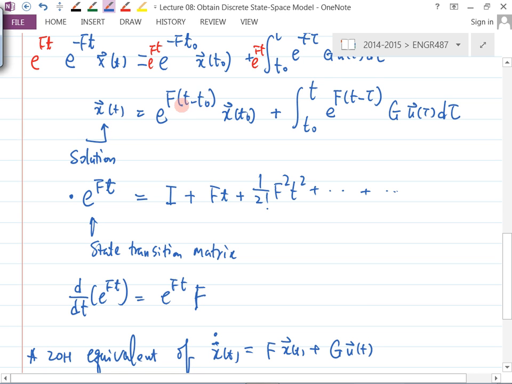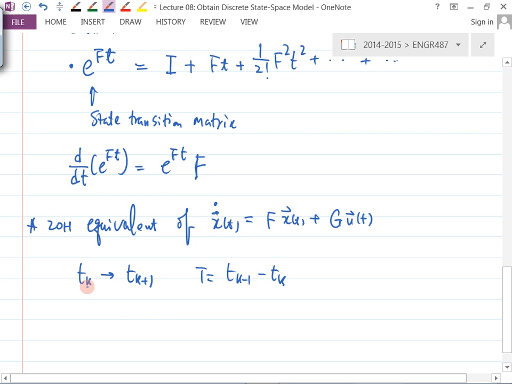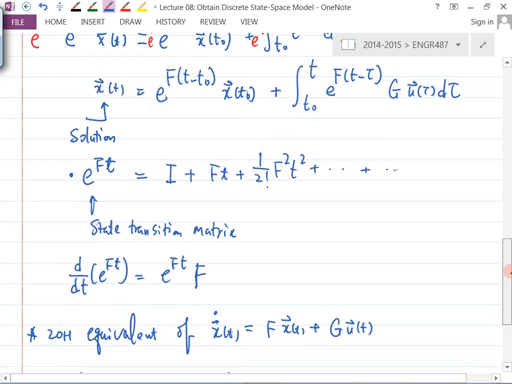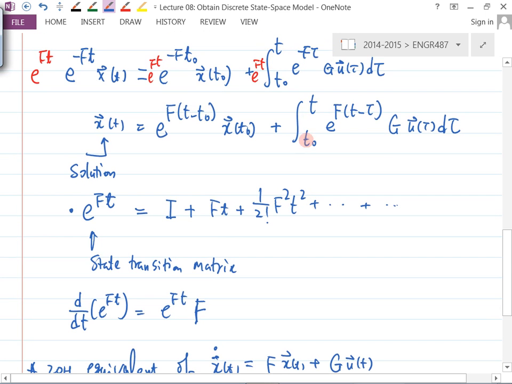So in other words, I'll consider the t_k moment as the initial moment, and I consider the t_(k+1) moment as the time instant I'm trying to calculate. We're going to replace the t naught with t_k, and replace the t with t_(k+1). Then let's see what we have now. Just do all the replacements except the tau.